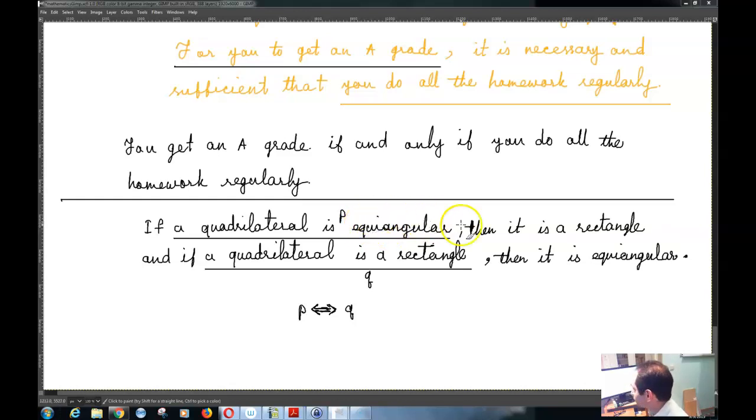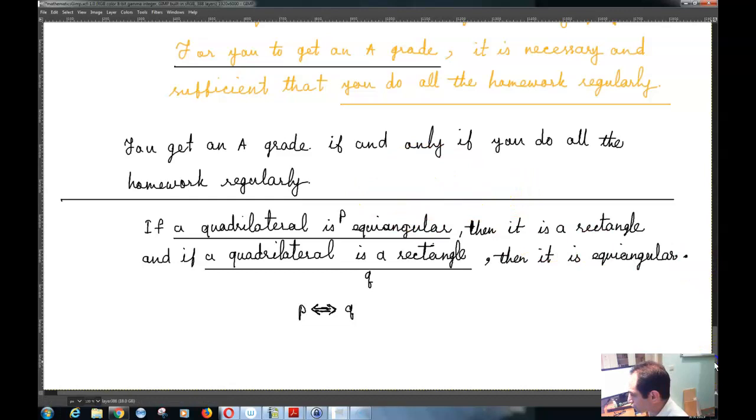Now, question number 5 is: given below are two statements. Write the compound statement connecting these statements with and or. In both cases, check the validity of the compound statement.